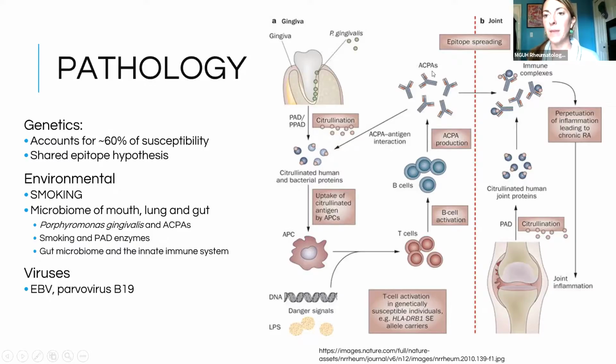And once you make these antibodies, you can start getting inflammation. These antibodies will start causing inflammation in the joints where you have similar peptides with citrulline involved in them. So that can be a building-on-itself process. And certainly we do think a similar thing happens in the lungs. In smokers, there are high levels of PAD enzyme present in the lungs, so this process is happening there as well.